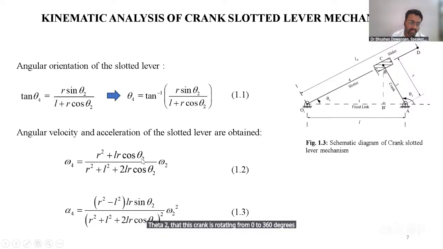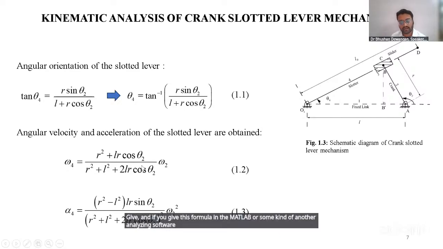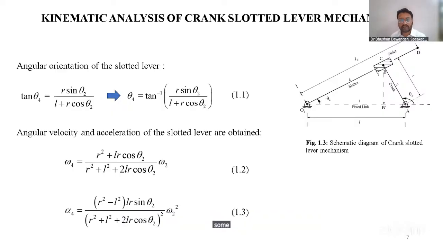So if you give this formula in MATLAB or some other analyzing software, and if you code it, you will find that it gives some plots that I will explain to you, and it will work very well.